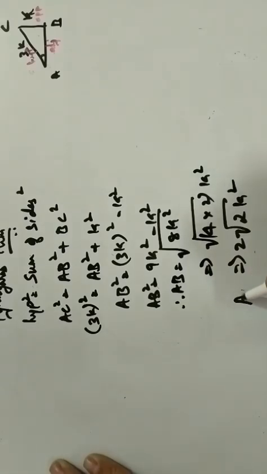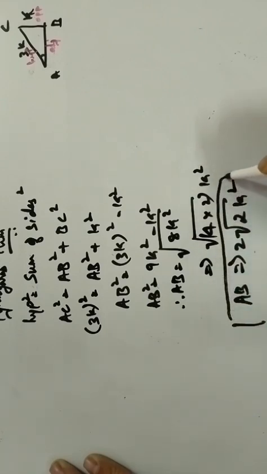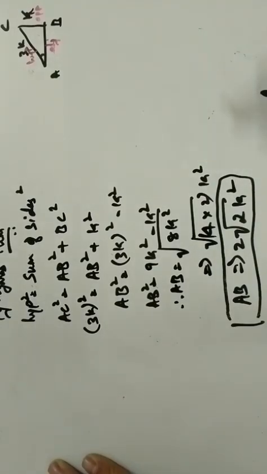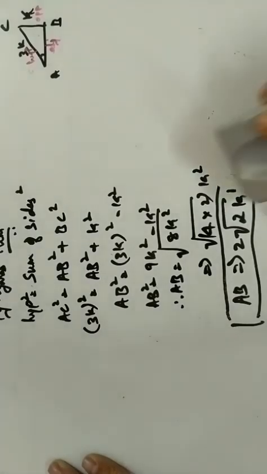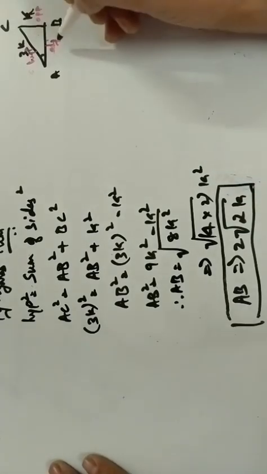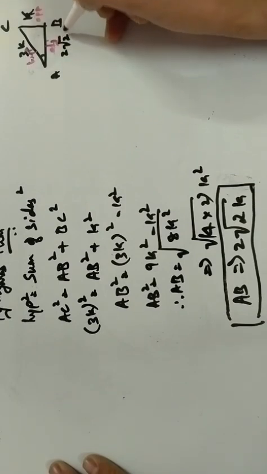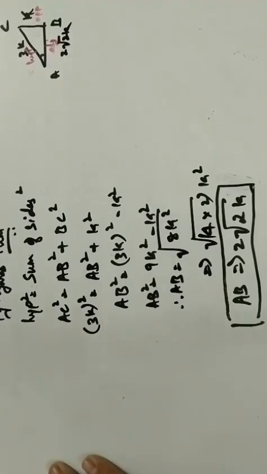So our AB is equal to 2 root 2k. Now we can search for the sine, cos, all the trigonometric ratios for this diagram.